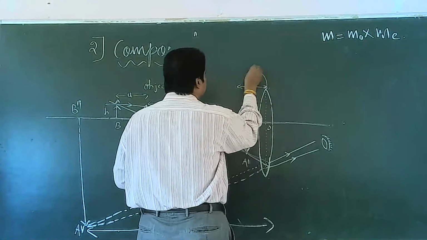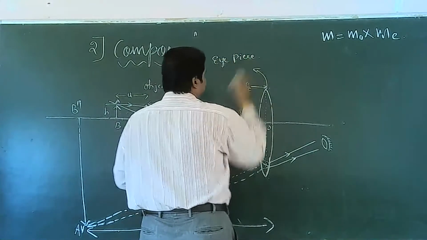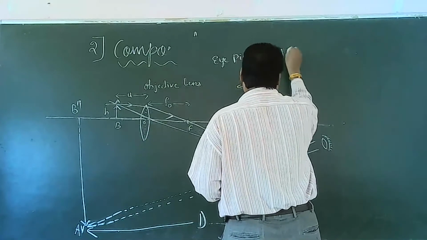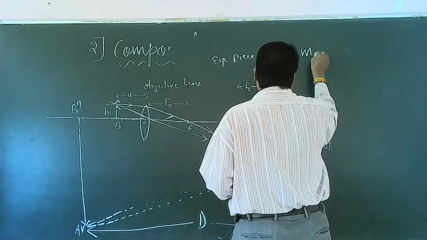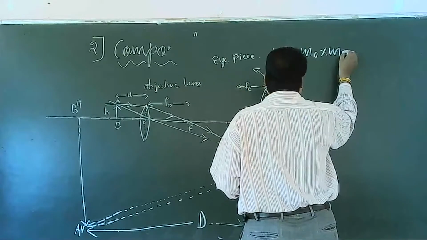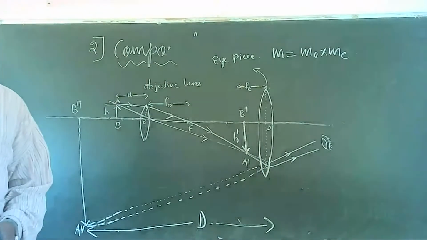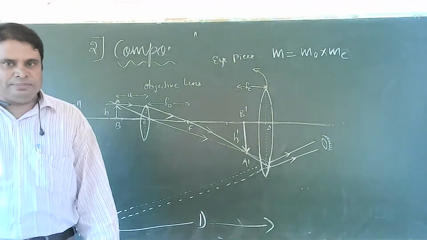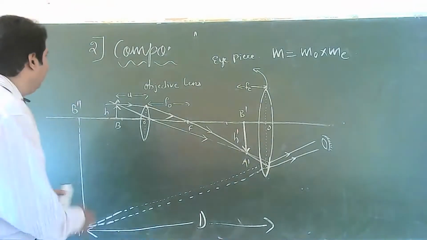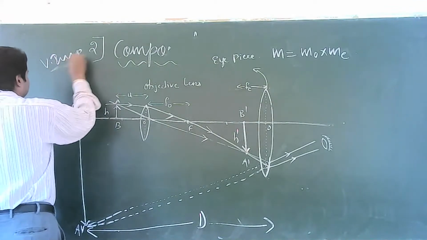This is the eyepiece, correct? Here, magnification in this case is M equal to M objective into M eyepiece. Correct? No problem? Okay. One last time. This is very important to mention. Very important.